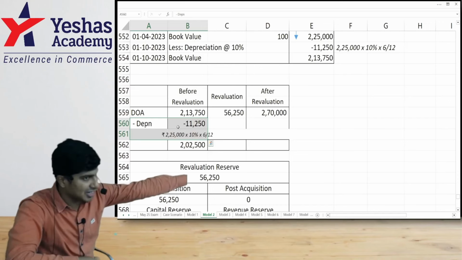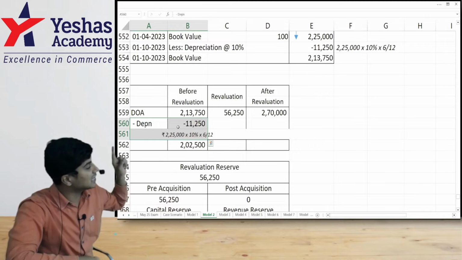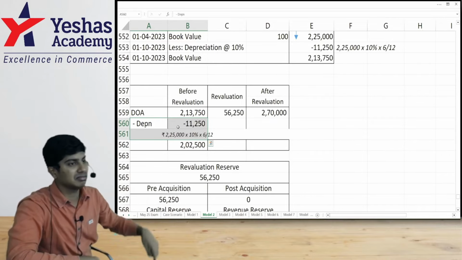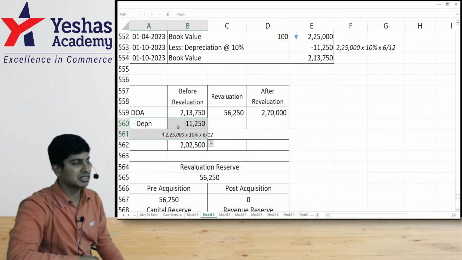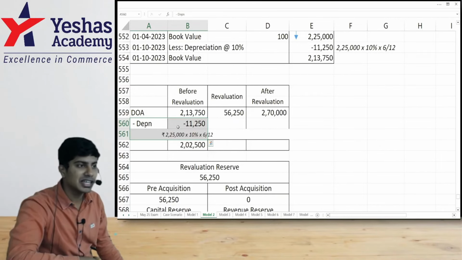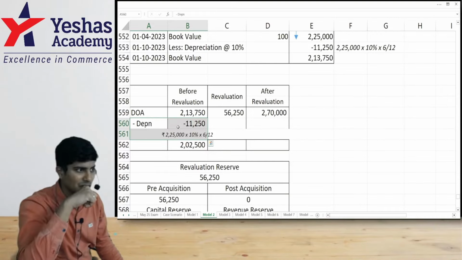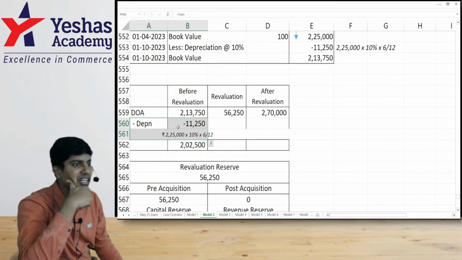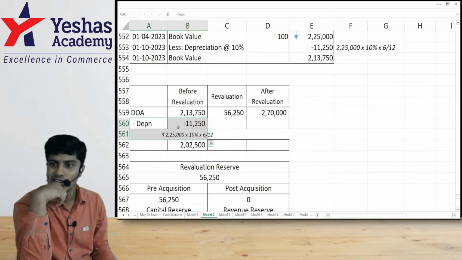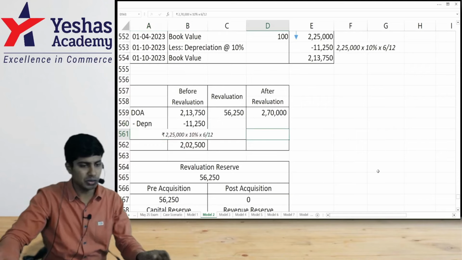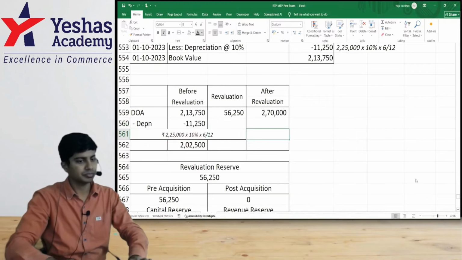After revaluation to 2 lakh 70, you should charge depreciation at 10% on 2 lakh 70 for the second 6 months. When did you revalue the asset? 1st October. When is the year end? 31st March. October to March, depreciation has to be computed. If you have 2 lakh 70, the total revaluation figure, now do 2 lakh 70,000 into 10% into 6 by 12.